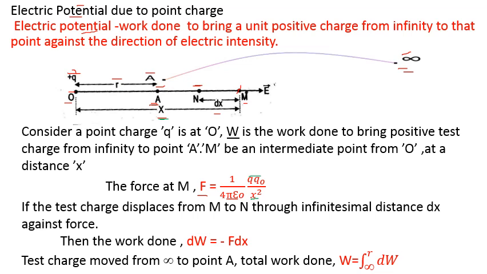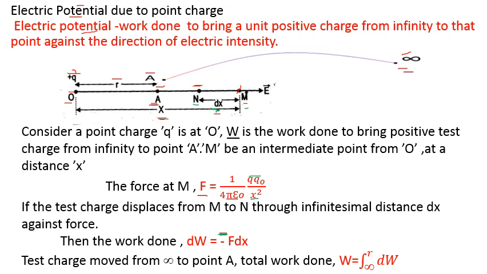Now, when the test charge is displacing through this much distance dx from M to N, the work done is force into displacement. This is the basic formula, F into dx, but with a minus sign. What does this minus sign indicate? Can you tell me? Think about this. This minus sign indicates this work done is against the direction of force.